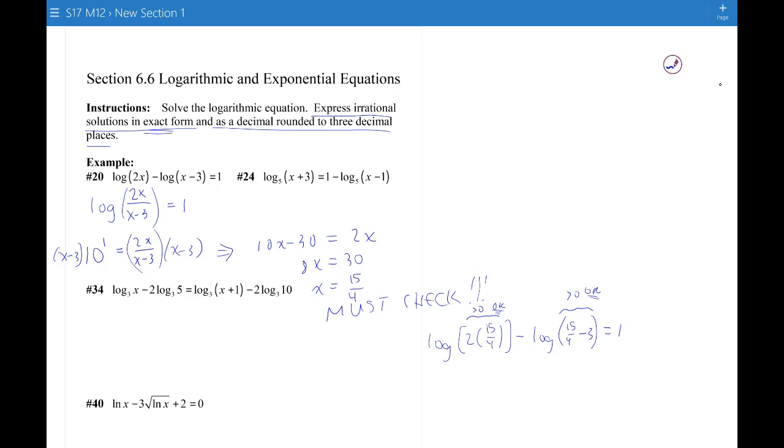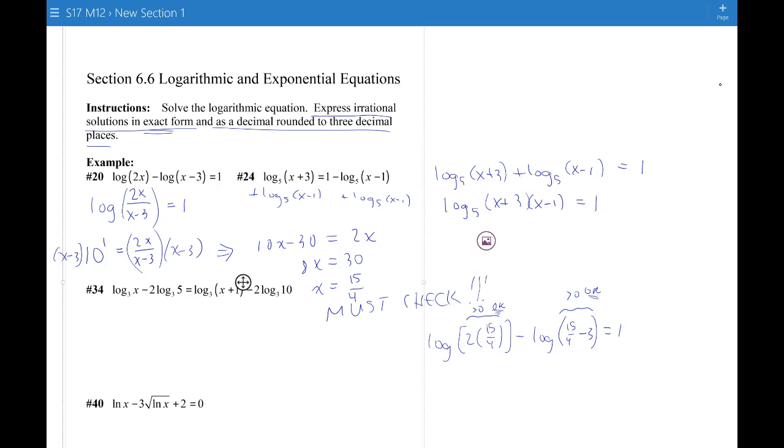Okay, so let's look at number 24. You're going to add the log base 5 of x minus 1 to both sides. So then you're going to have log base 5 of x plus 3 plus log base 5 of x minus 1, and that's going to equal 1. I use my property of logs to say this is the log base 5 of x plus 3 times x minus 1, and that has to equal 1.